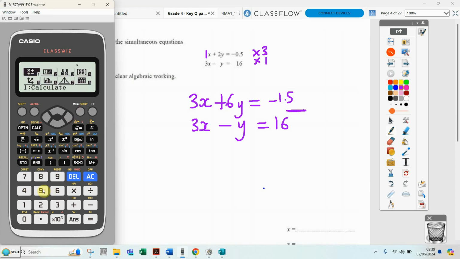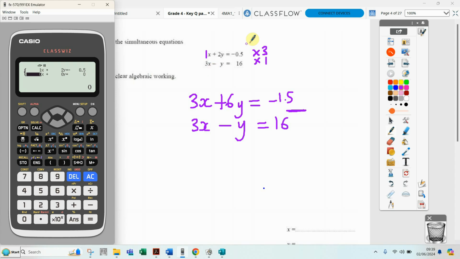Now on the silver calculator, it's mode 5 option 1. Okay, and you enter the A, B and C. So it looks a little bit different on here, but 1, 2 and minus 0.5. On the top row it's 1, 2 and minus 0.5.